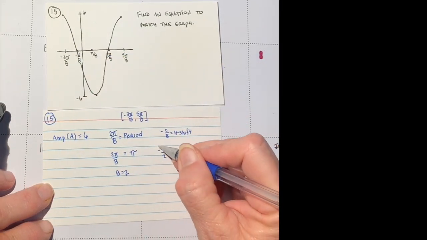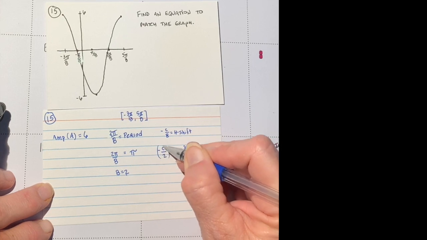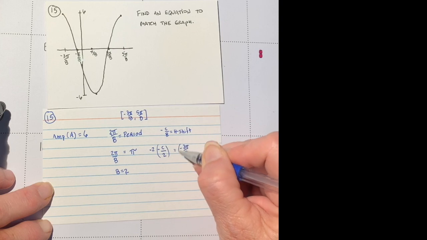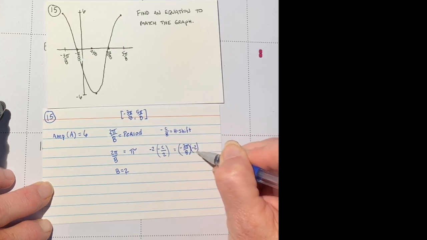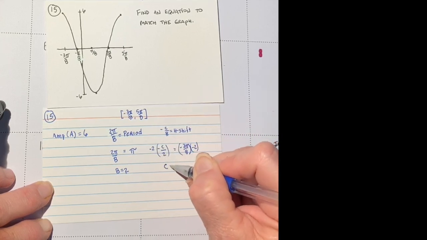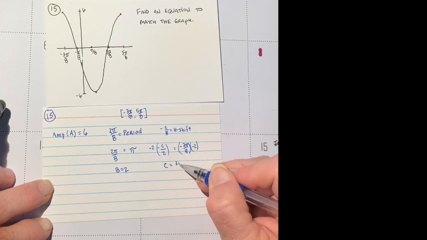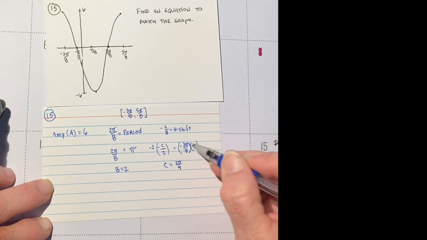So I'm going to solve this and do division by 2, and I also have a negative there. I'm going to go ahead and multiply both sides by negative 2. That'll take care of that. And so I end up with C equals, this would be 6 over 8, which would be 3 pi fourths if you reduce it.